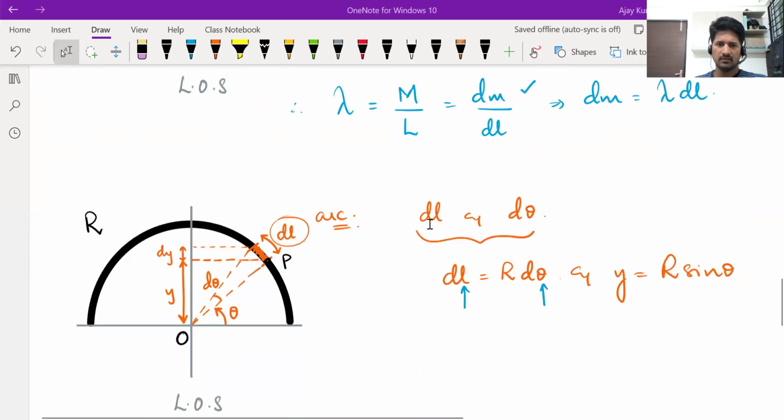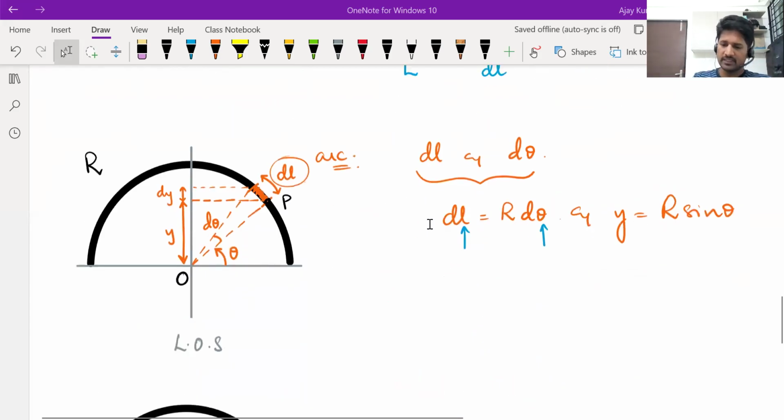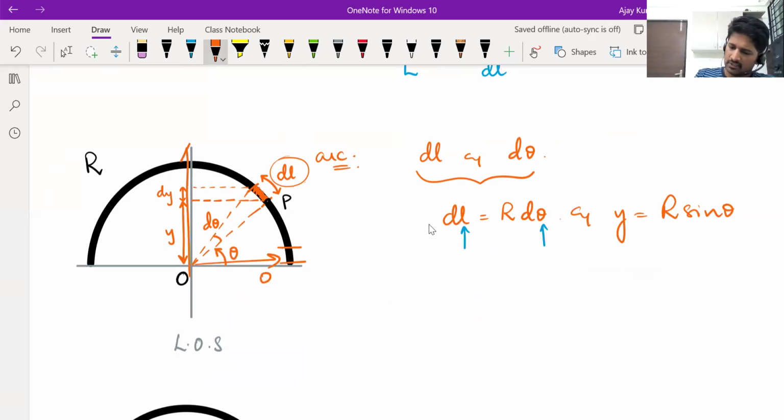Definitely. And as you move from element to element, will theta also change or not? It will change. For the first element here, theta is 0. For the upper element, it is pi by 2, 90 degrees. For the last element, it is 180 degrees, or pi. Element to element, theta will change, y coordinate will also change.